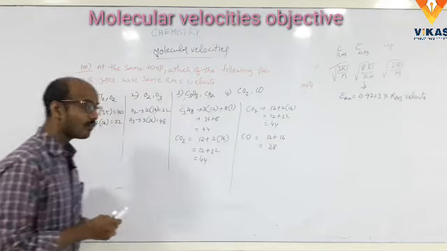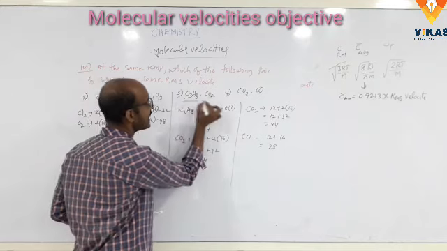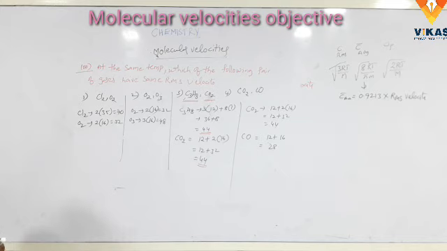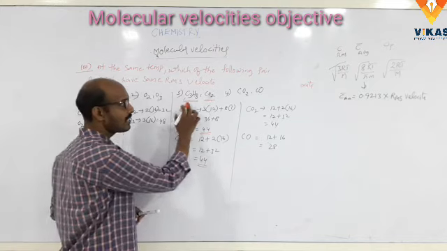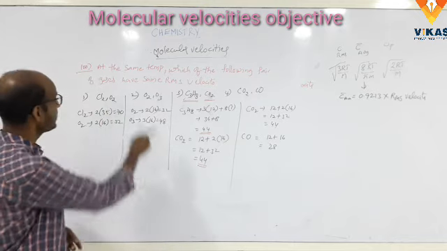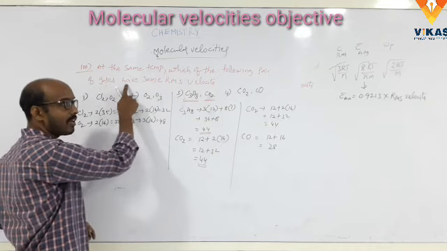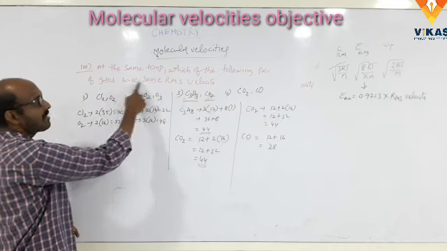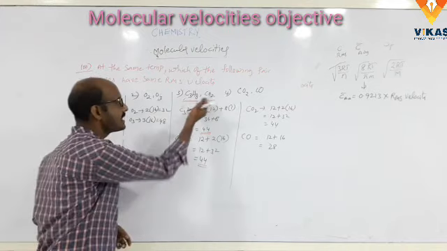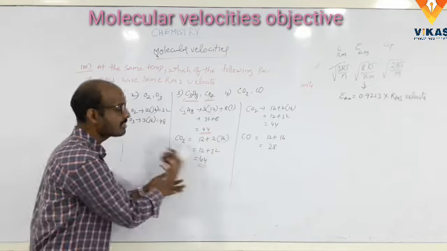that is equal to 28. And among these four options, the C3H8 and CO2 have equal molecular mass. Guess the point? Here C3H8 and CO2 have the same molecular weights. The question is, at the same temperature, which of the following pair of gases have the same RMS velocity? Among these four pairs, C3H8 and CO2 have the same molecular mass, so the same RMS velocity.